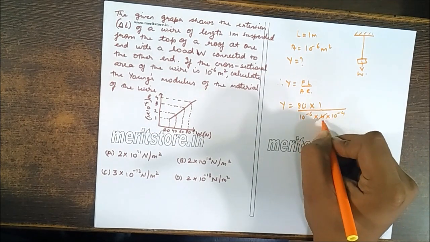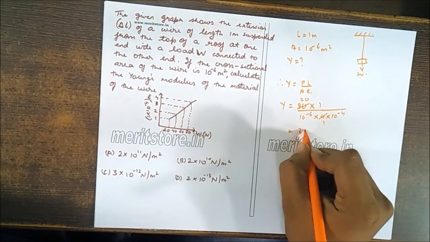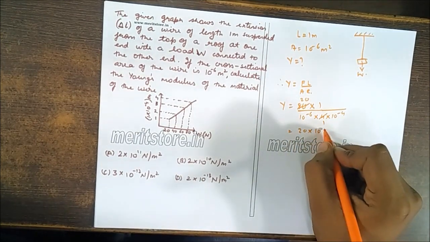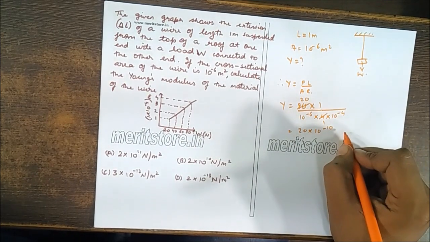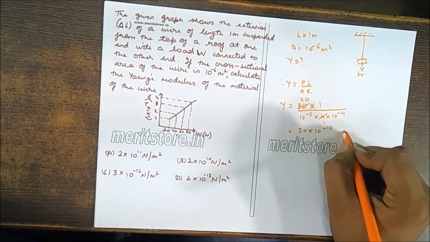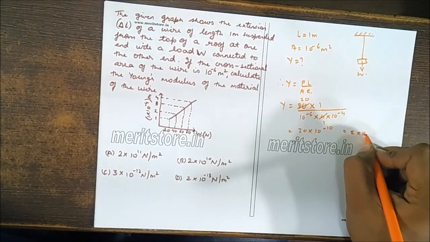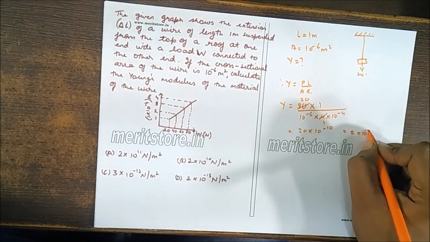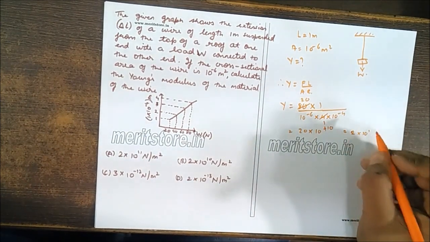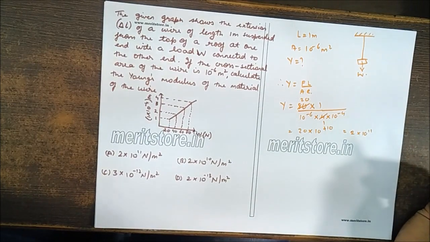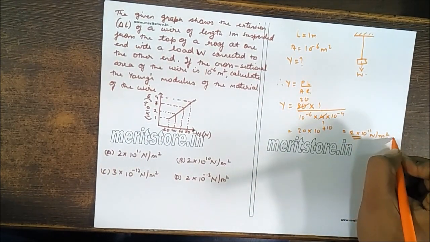So if I cancel, this becomes 1 times 20 times, and this goes at 20 into 10 raised to minus 10, that is equals to 2 into 10 raised to, this becomes plus 10, and this will become 2 into 10 raised to 11 Newton per meter square.